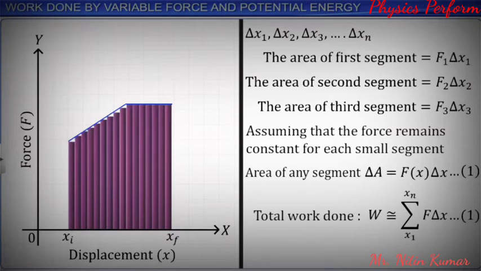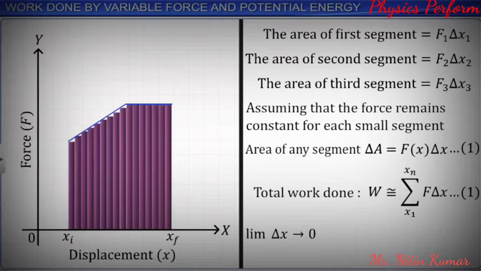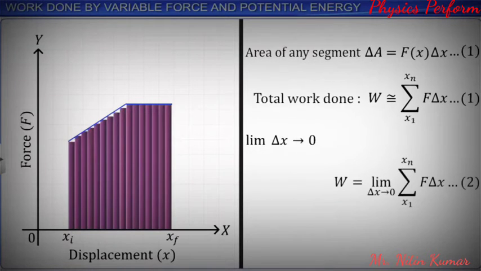If the size of each segment is very small, each segment tends to 0, and we have a large number of such segments. And the total work done is calculated as W is equal to sigma of F delta x between the limits x1 to xn, as the limit of delta x tends to 0.